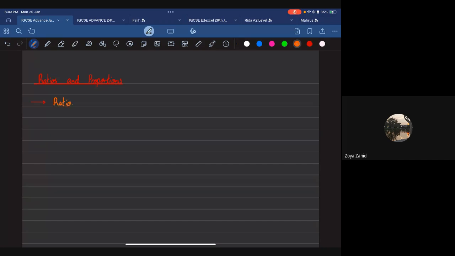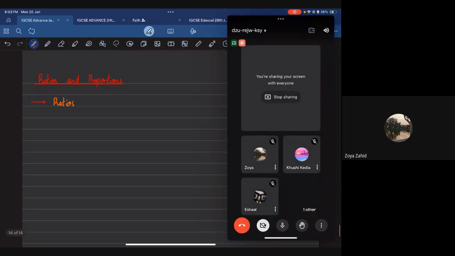Yeah, you can say that. Yes, you're right, Zoya. What do you think, Kushi? When I say the word ratio, what rings a bell? It's like when we're trying to compare two quantities, two numbers. Well done. Yeah, that is exactly what it is.